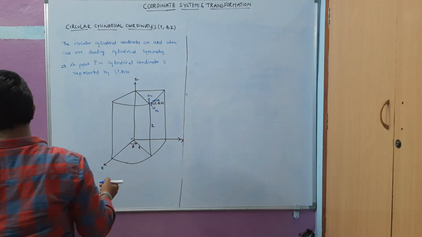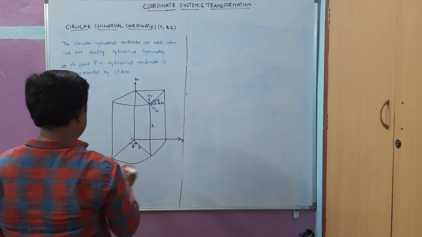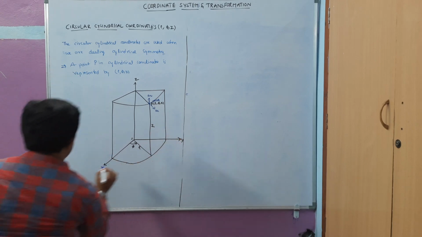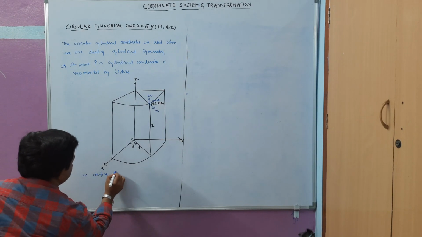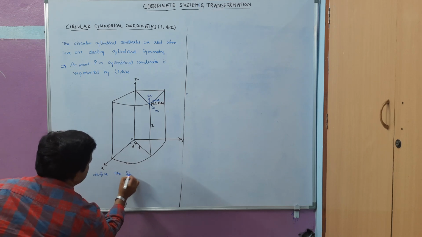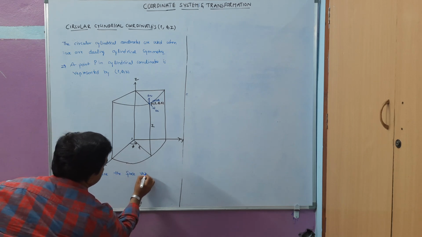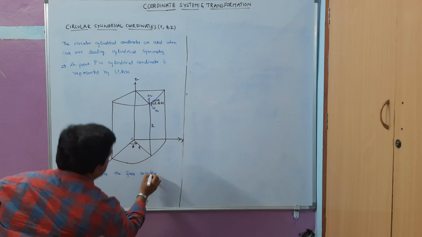Okay. And now we define the space variables, that is rho phi z.